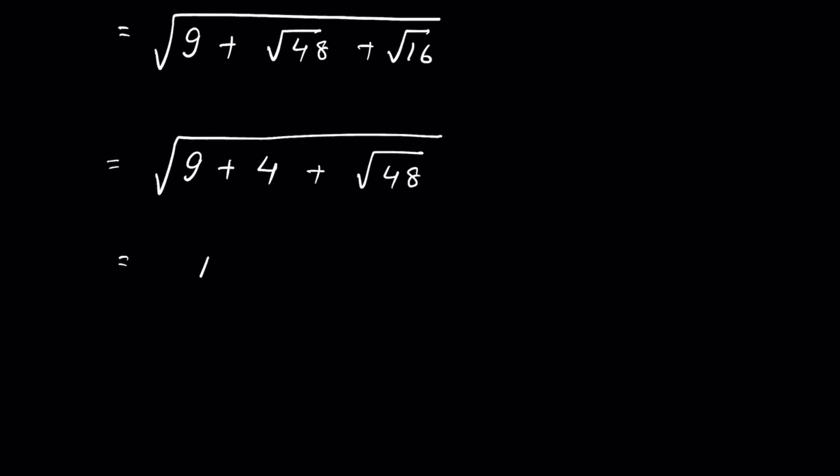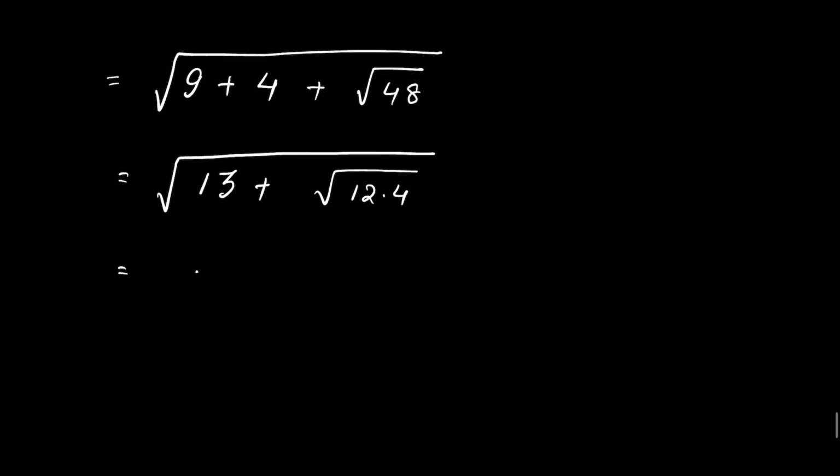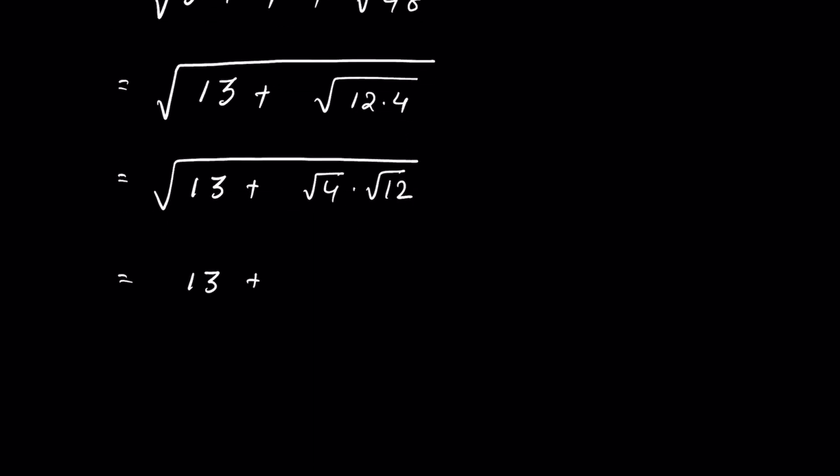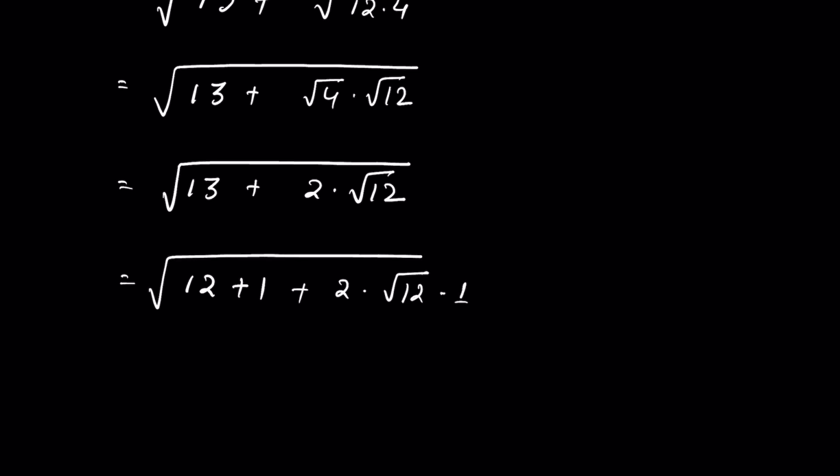9 plus 4 is 13, then plus square root of 48, we can write it as 12 times 4 under square root, all under square root, or 13 plus square root of 4 is 2, so 2 times square root of 12, then all under square root. 13 we can write as 12 plus 1, plus 2 times square root of 12, and times 1 we can write here, then all under square root.